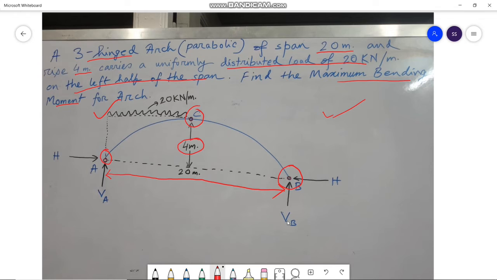So now we have to solve this problem, and don't forget that this 20 kN per meter uniformly distributed load is acting at the left half portion of the span, that is here.